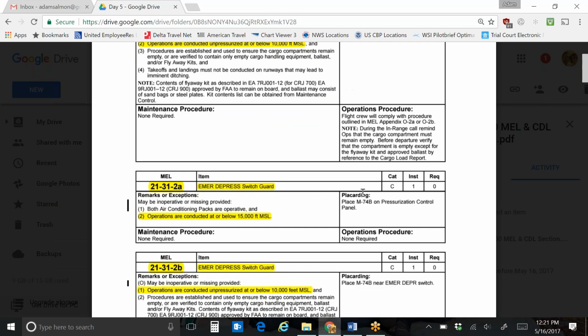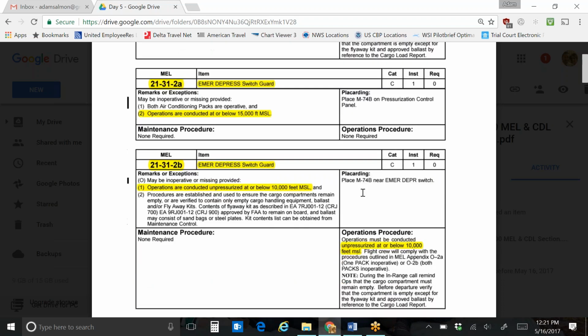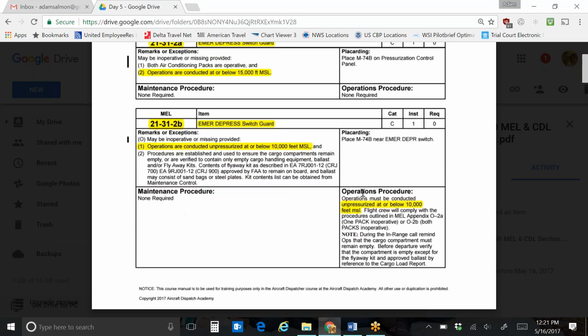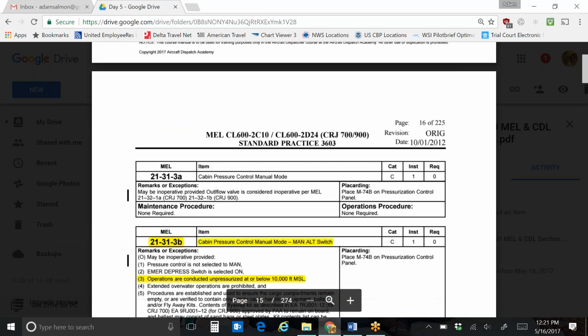You look at this next one here, the emergency depress switch guard. This says may be inoperative or missing provided that both air conditioning packs are operative and operations are conducted at or below 15,000 feet MSL. Anyway, so you can kind of get the idea of the different restrictions and what you may have to deal with.